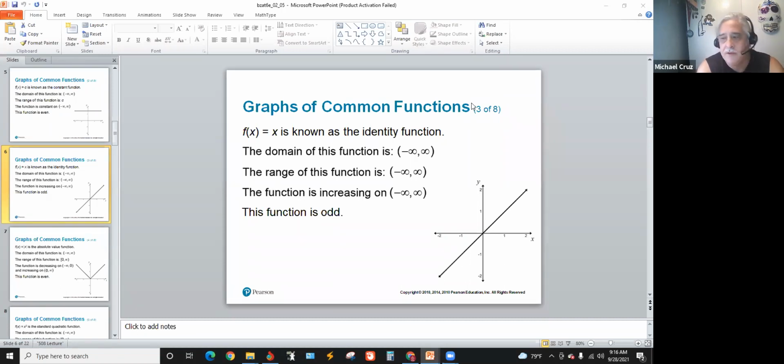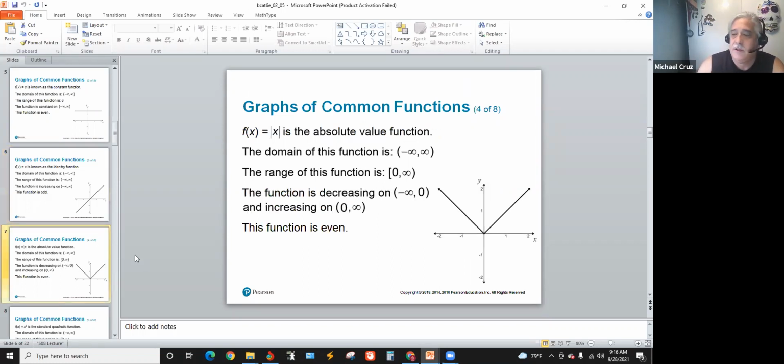You'll see on this that it's increasing, going up all across the domain. It's what we call an odd function too, because x just has the power of 1. When we just have an x with no exponent, that's x to the first power, and that's an odd power, so it's an odd function.